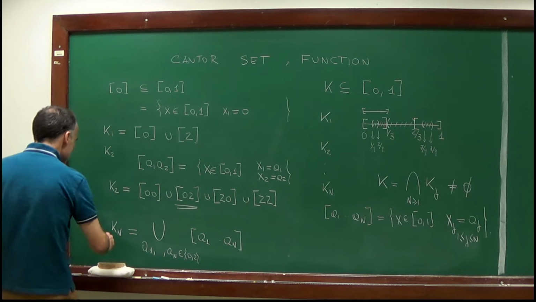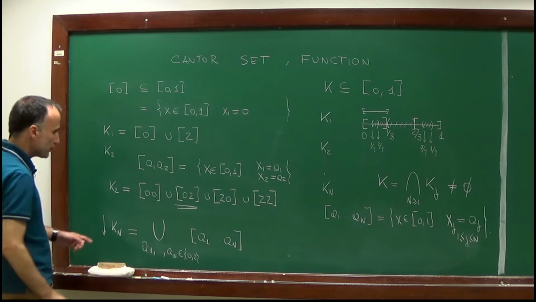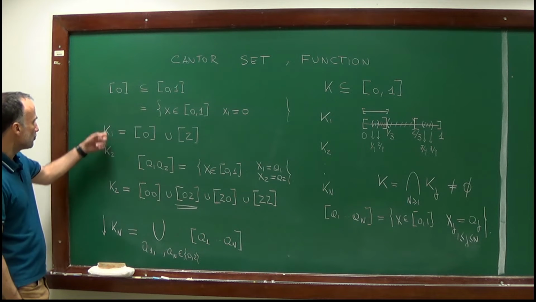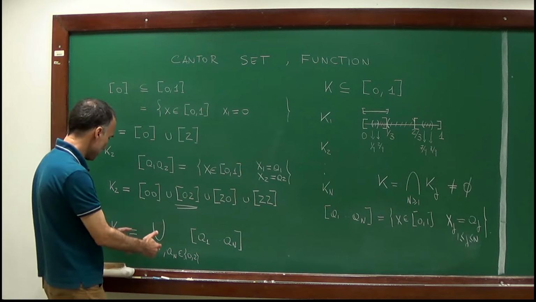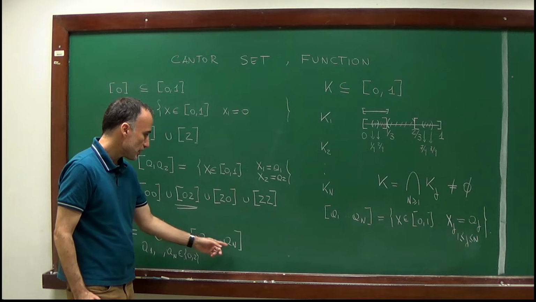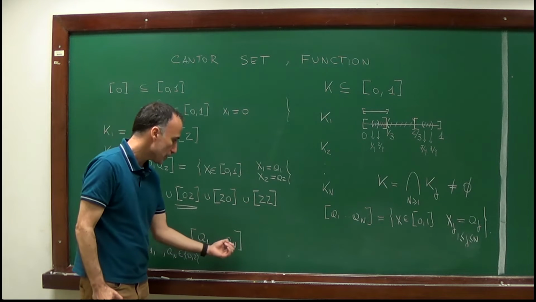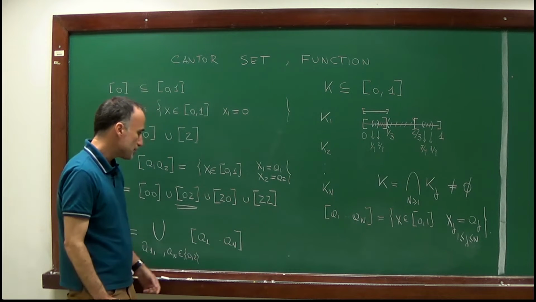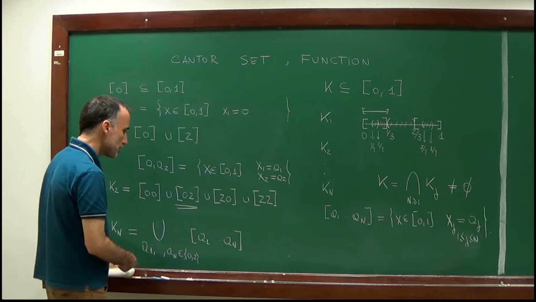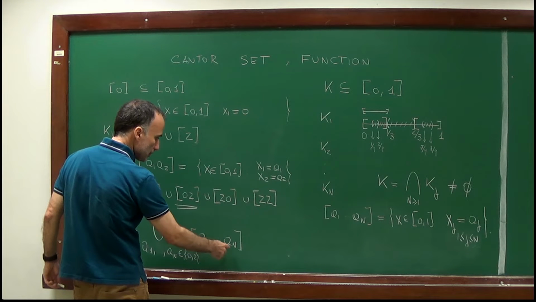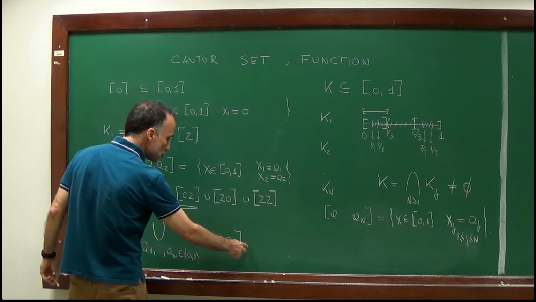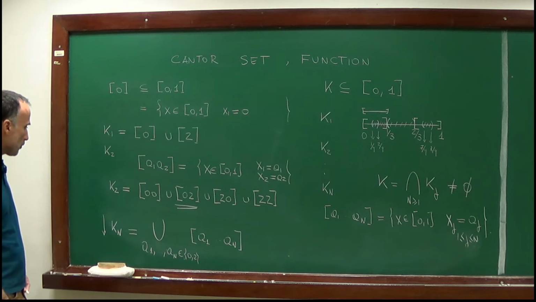So it's clear that the sets Kn are decreasing, as we have seen that K2 is contained in K1, because for Kn we are imposing a condition on the first n digits, while for Kn plus 1 we'll be imposing a more restrictive condition on the number, since we will be asking that the first n plus 1 digits are either 0 or 2.